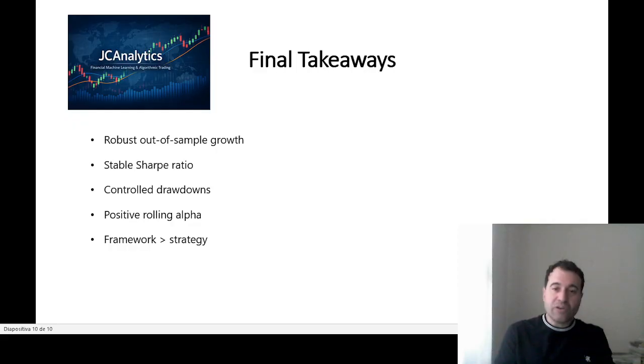Key findings include a full sample Sharpe ratio above 1.0 with economically meaningful CAGR, out-of-sample Sharpe exceeding in-sample performance, no evidence of structural performance collapse across regimes, moderate and recoverable drawdowns, and persistently positive rolling CAPM alpha over most of the sample.